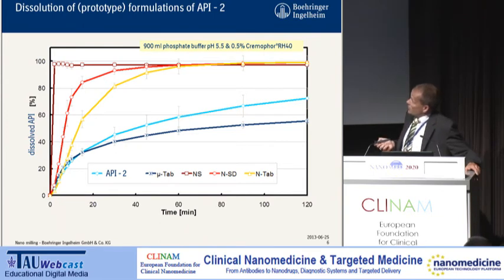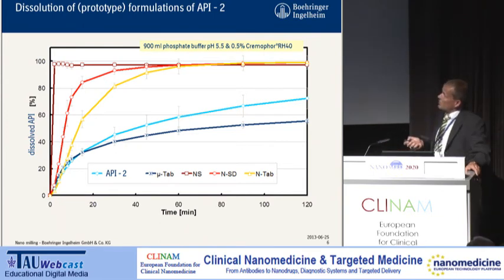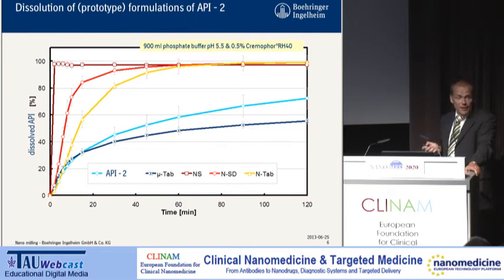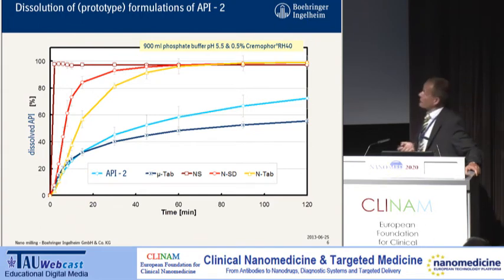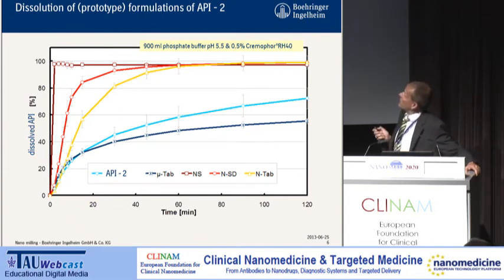If we then go to nanosizing, so a nanosuspension, you see it's nearly initially rising up to 100% and staying at this level. If we spray dry the suspension, we lose a little bit of the performance, which is the red curve, but still we're able to increase the level of dissolution obtained after 2 hours.